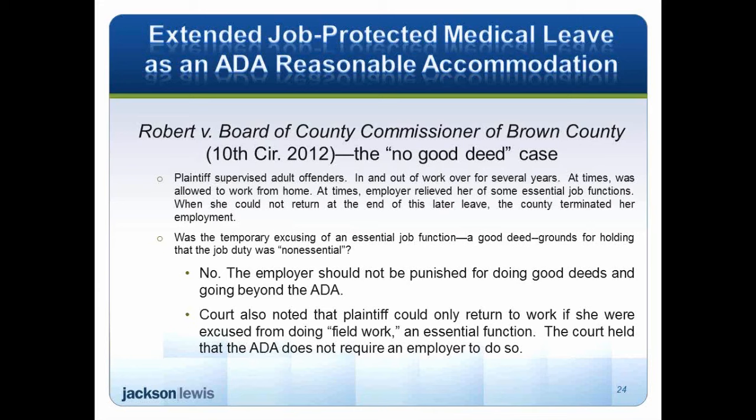At times, the employer would even relieve her of the essential job functions, and this is where the employer got into trouble: lowering job expectations and requirements. They relieved her of some of her job functions, but when she was unable to return at the end of her later leave, the county terminated her employment.